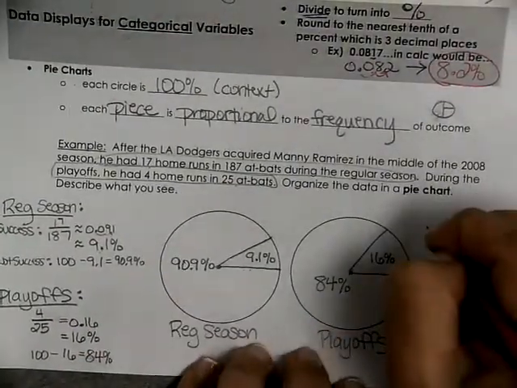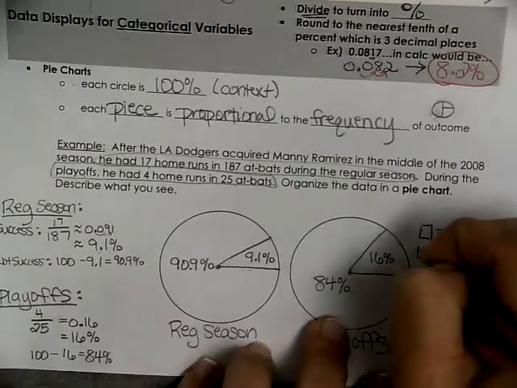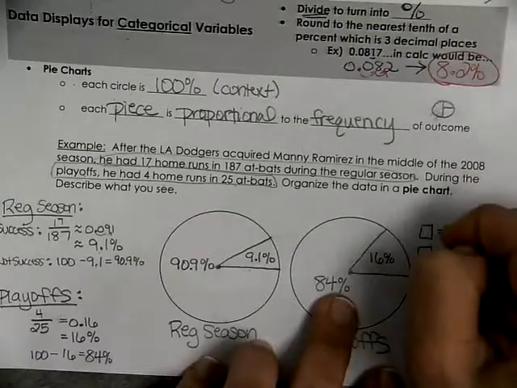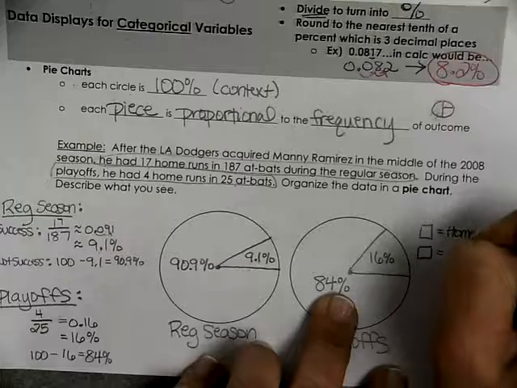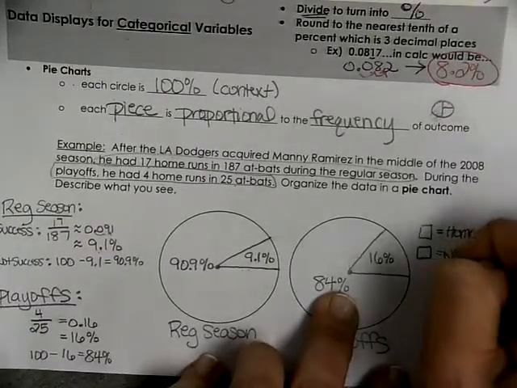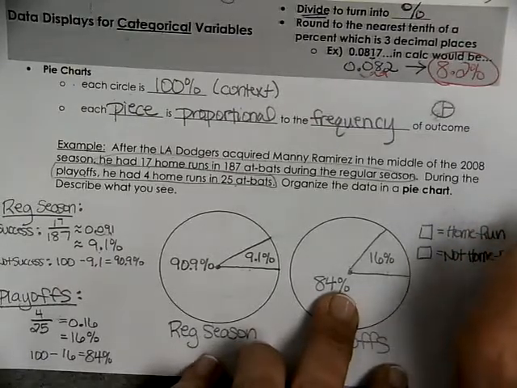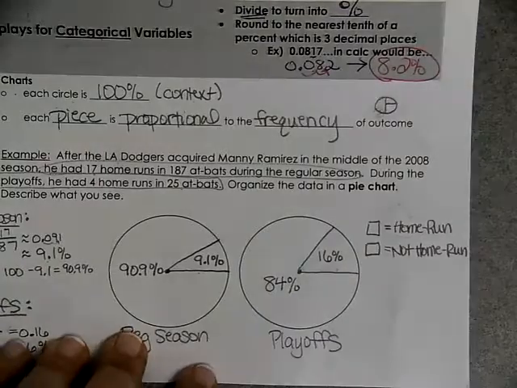And so what we'll do is to the side, we'll have a little key where you can just shade it. I'll use some colors. But basically where we're going to shade our successes, which in this case represented a home run versus not a home run. So I'll just label those different pieces.